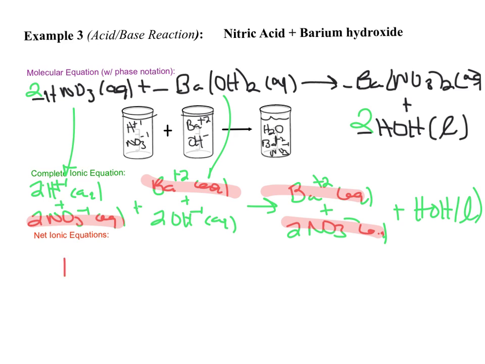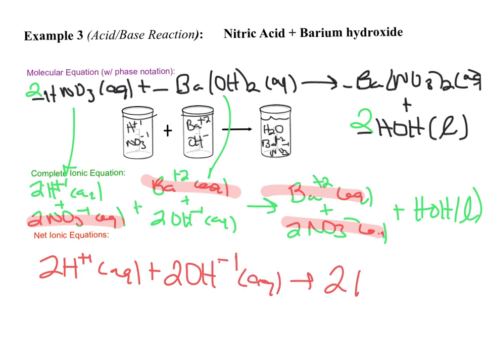So I've got 2 H's that are +1, aqueous, plus 2 hydroxides that are -1 in aqueous, turning into 2 waters.